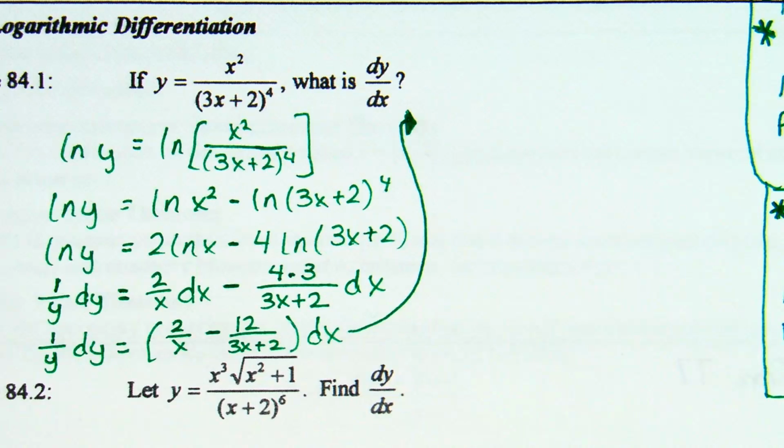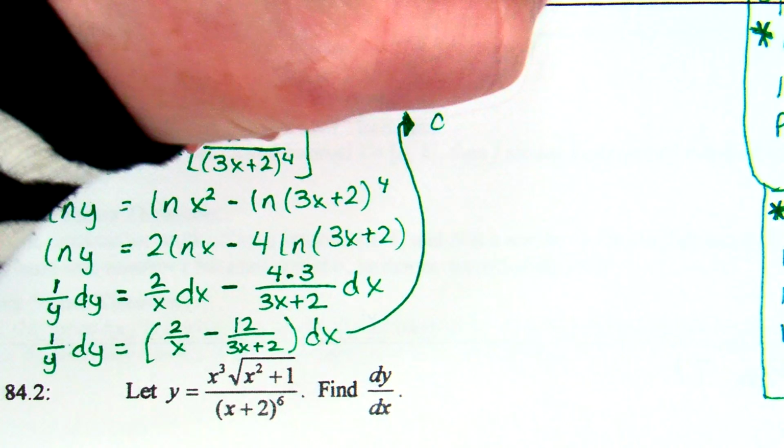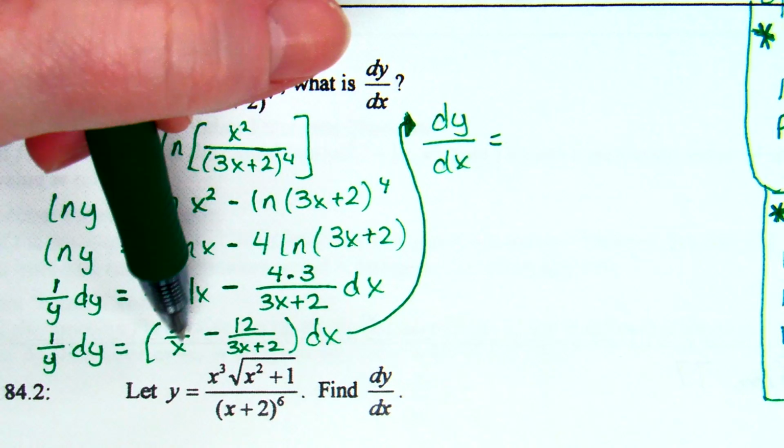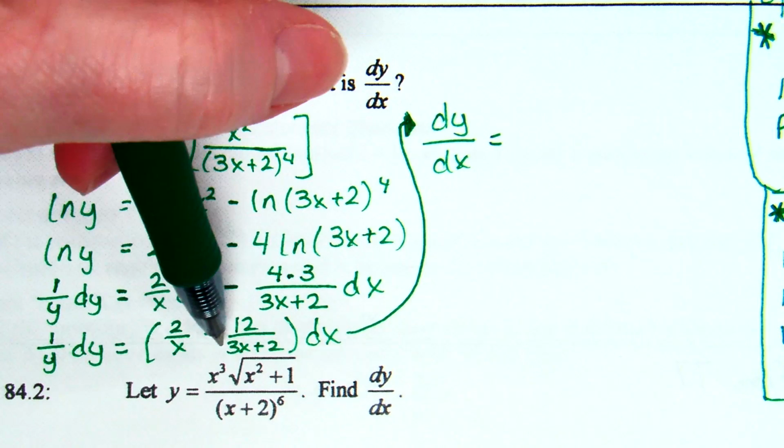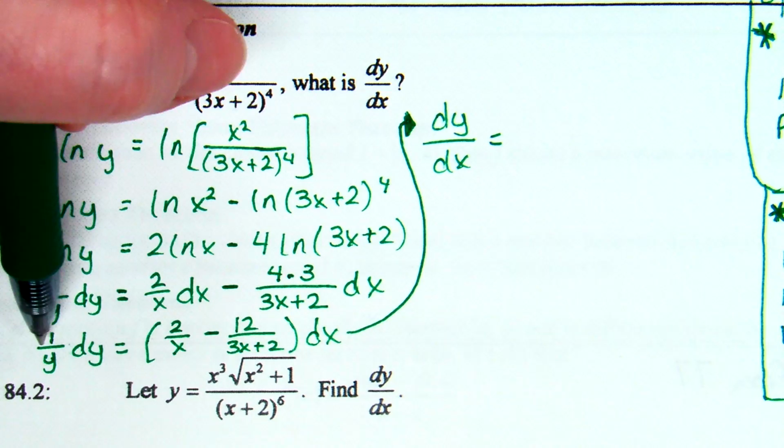You see where we're going with this? Right. We want it to be dy over dx, which means we're going to keep the dy on the left. We need to divide the dx over, to get our dy over dx. That means this 2 over x minus 12 over 3x plus 2 is going to stay where it is.